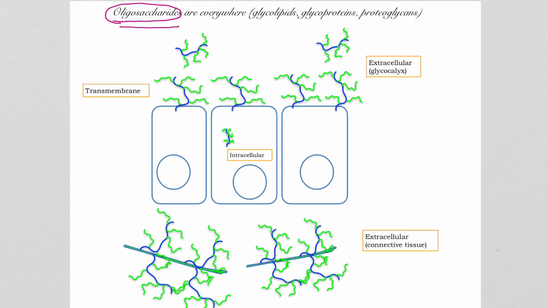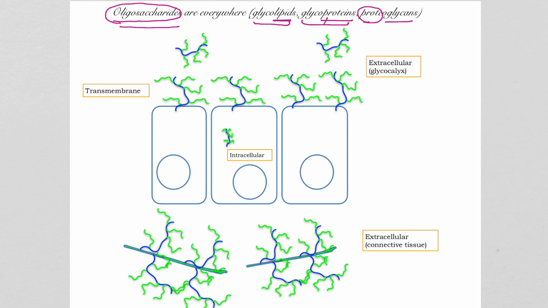These carbohydrates can be joined to lipids, and that will give you glycolipids. Carbohydrates can be joined to proteins, that will give you glycoproteins. And then there are carbohydrates that have a little bit of protein attached, and those are called proteoglycans.